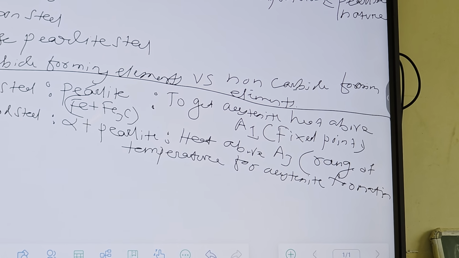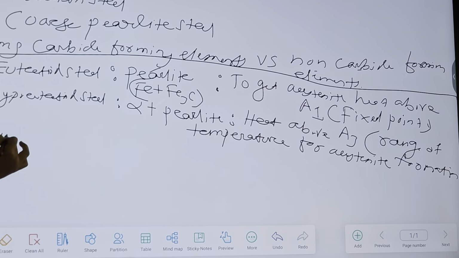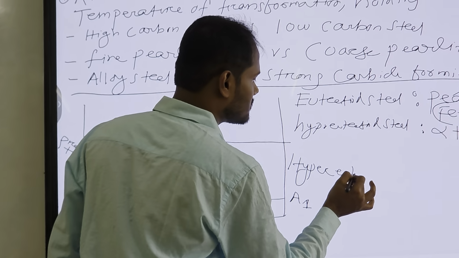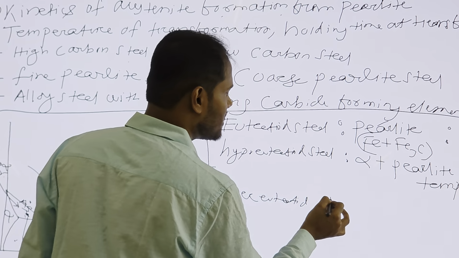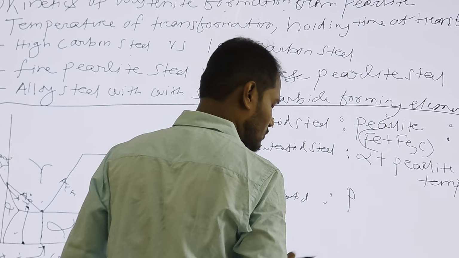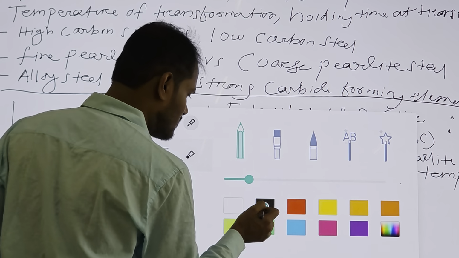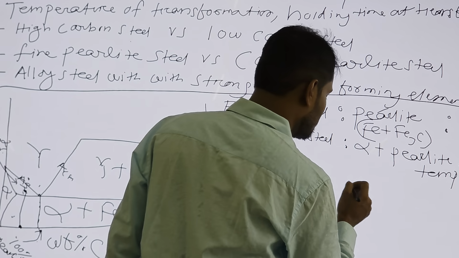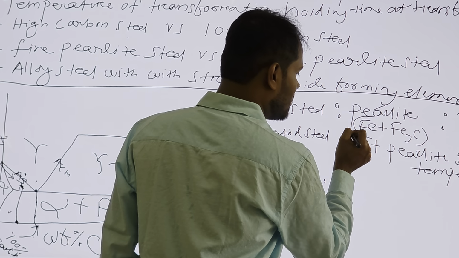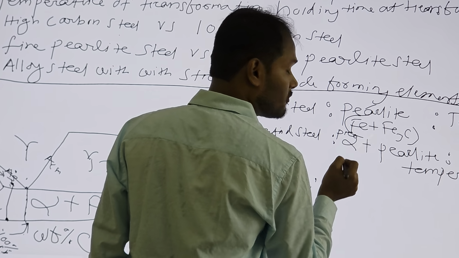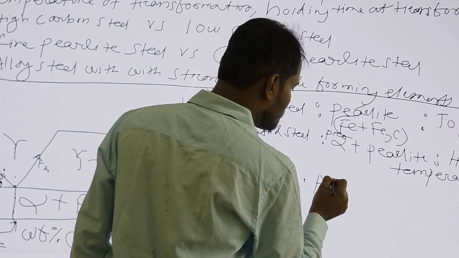And finally, hyper. Same, I can write, okay, what is the room temperature phase? You better write here pro, otherwise you get confused, pro alpha.